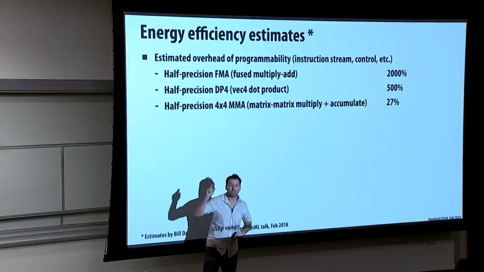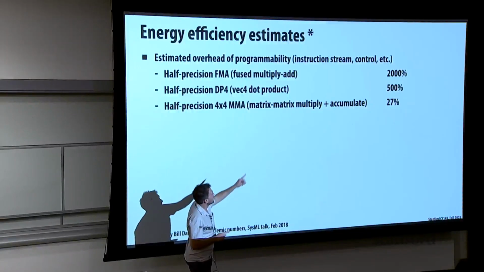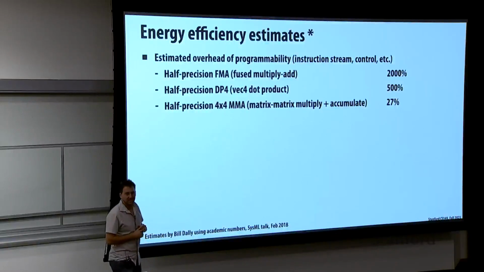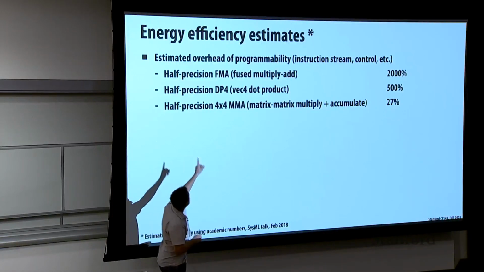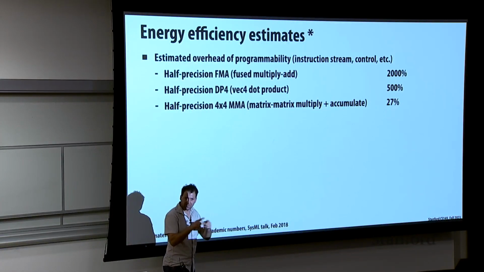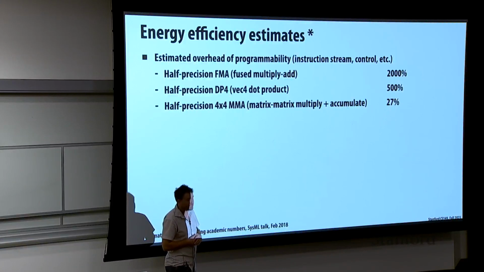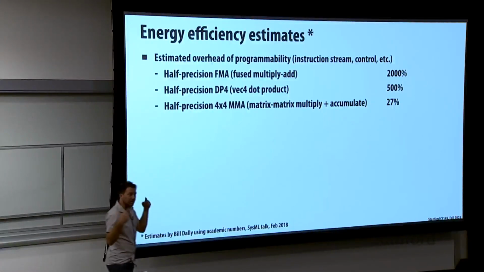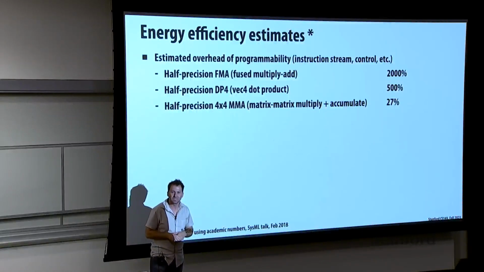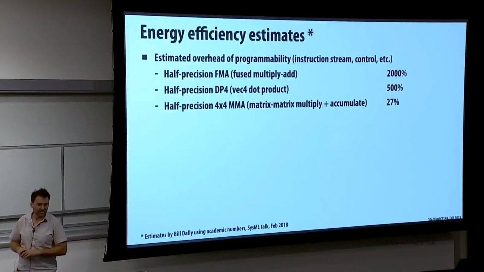But they said if you just run adds and multiplies on an NVIDIA processor and you do your matrix multiplication with that, you're 2,000 times less efficient than if you built custom silicon to do that matrix multiply. If you make a couple of bigger operations, like just a 4-component dot product, you're all the way down to like 500. Only 500x more efficient. If you give yourself an instruction that's a 4x4 matrix multiply, because that does a lot of work, right? That's 64 ops in one instruction. You're all the way down to maybe only 30% more inefficient than these things.